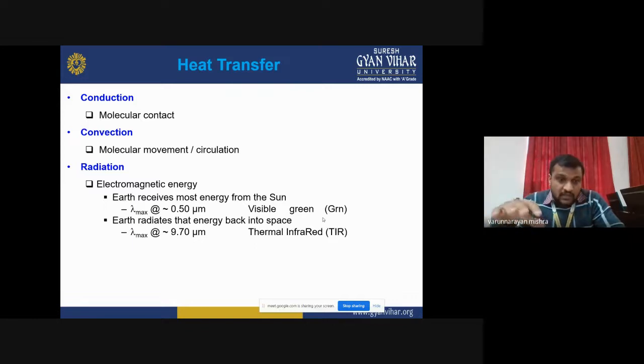So conduction means that when we physically contact two objects at different temperatures, the heat or energy is transferred from one object to another. That is the process of conduction.